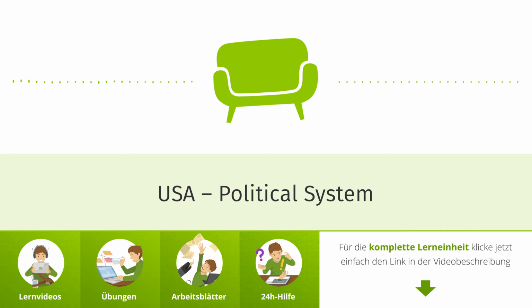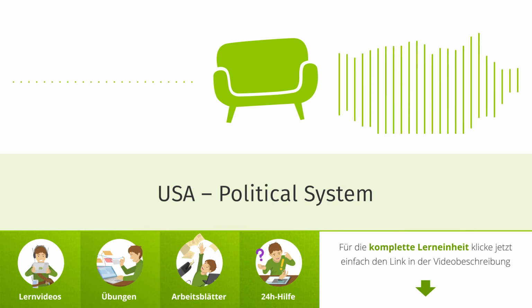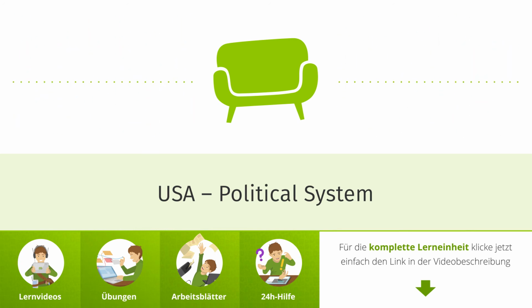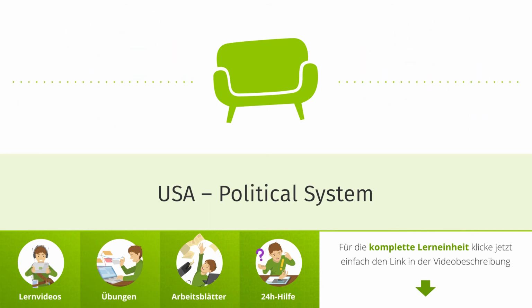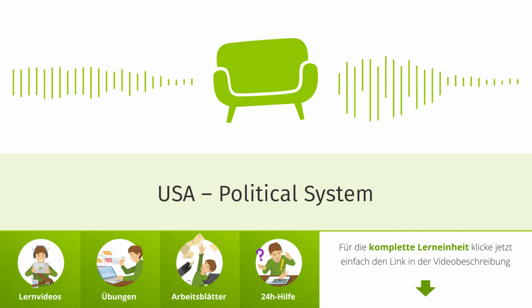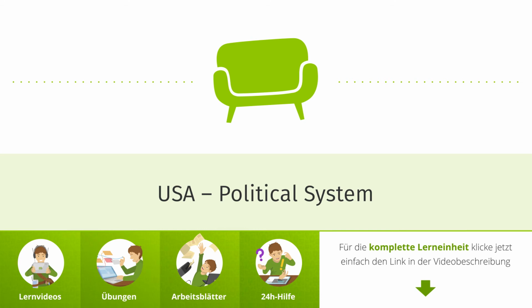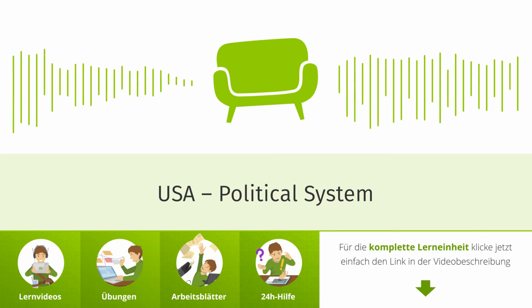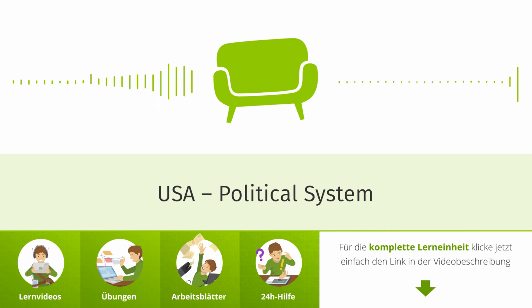Let me repeat all that. Legislative branch, represented by Congress, makes new laws. I'll tell you a bit more on that later. Executive branch is the president and his cabinet. And judicial branch, represented by the Supreme Court, decides if laws and other decisions are constitutional or not.